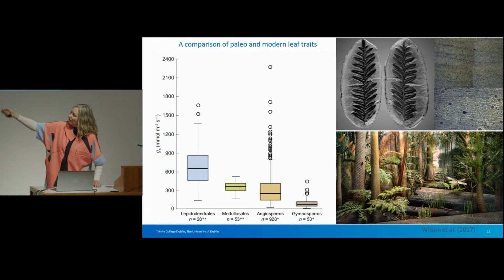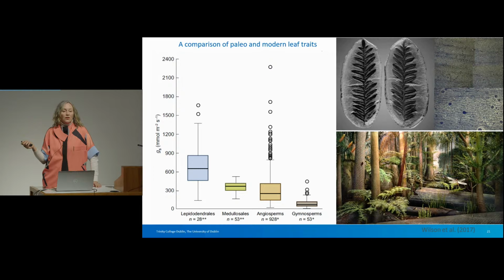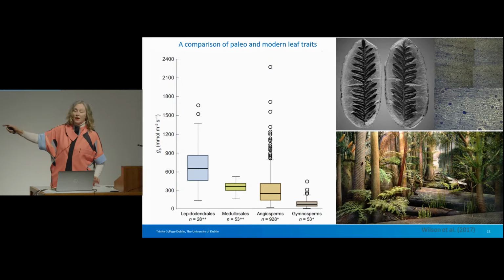On the left axis here is stomatal conductance. Basically, it's a measure of how fast that plant can move water out of the plant body. And we compared the two on the left, Lepidodendrales and Medullosas, which are Carboniferous trees, to modern angiosperm trees and modern gymnosperm trees.